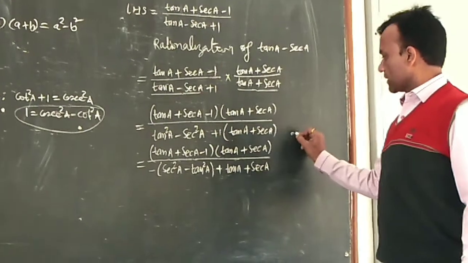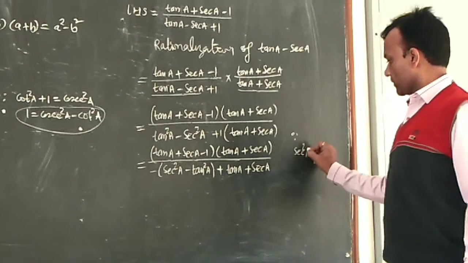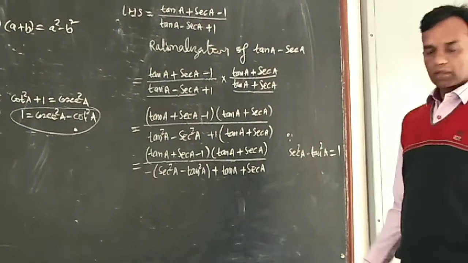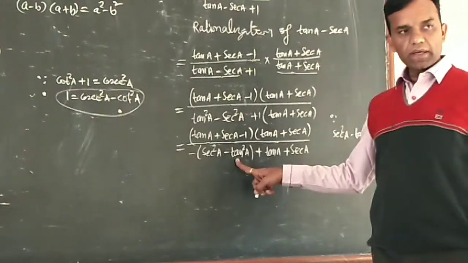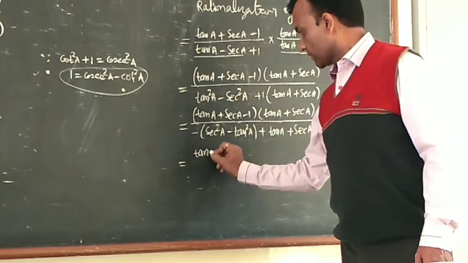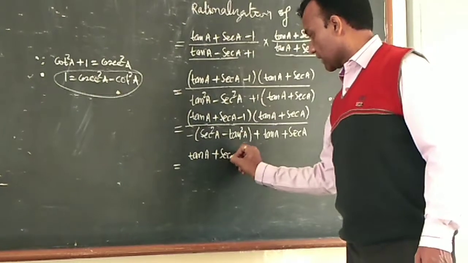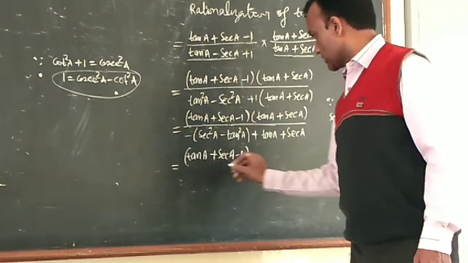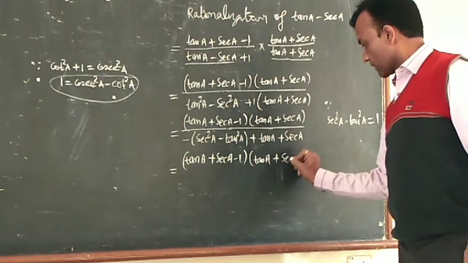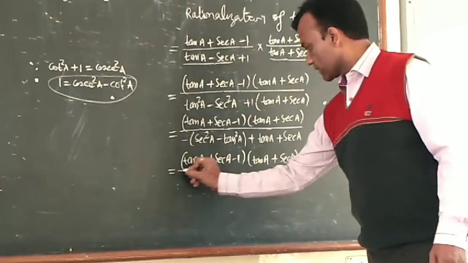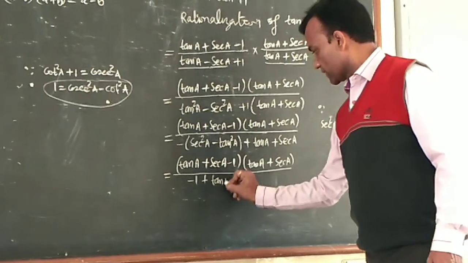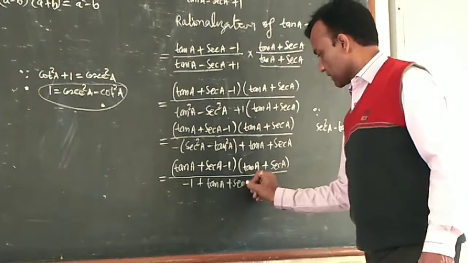Okay, we know the identity sec square a minus tan square a equal to 1. So in place of this bracket sec square minus tan square you put 1, and tan a plus sec a minus 1 as it is here, and then tan a plus sec a upon minus 1 plus tan a plus sec a.